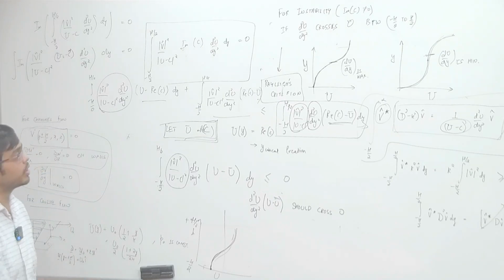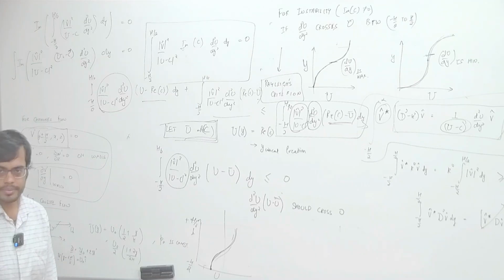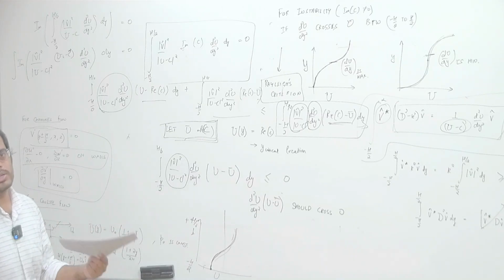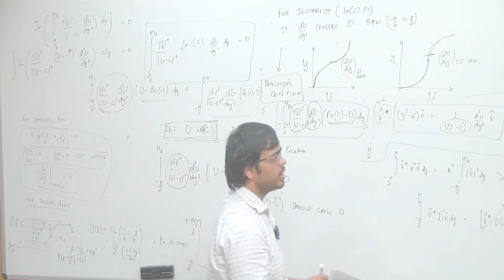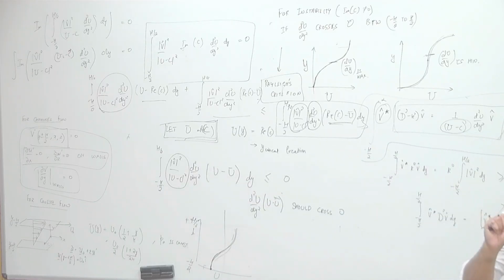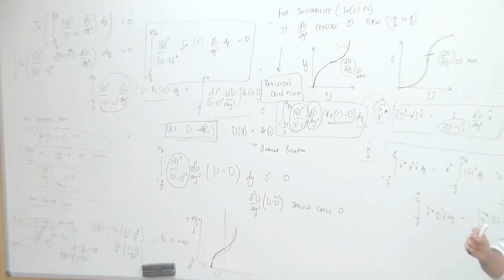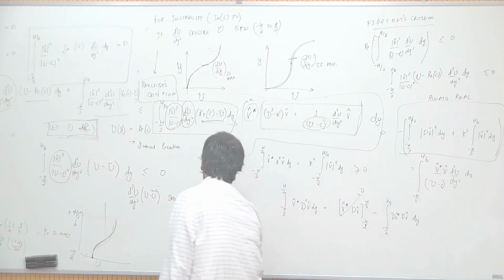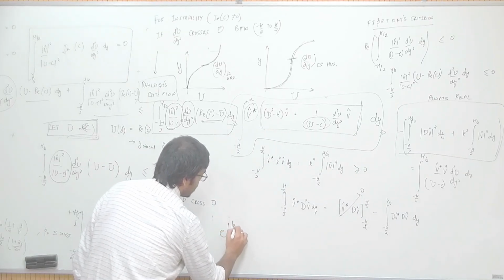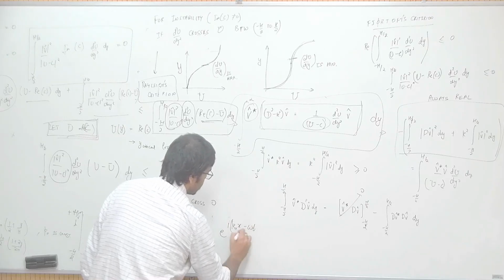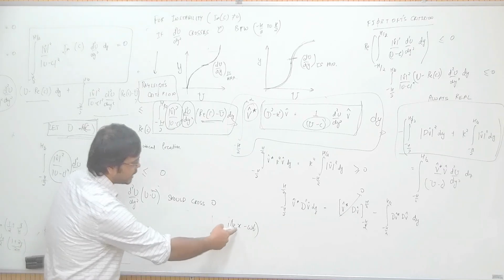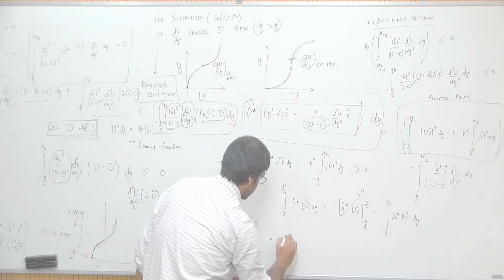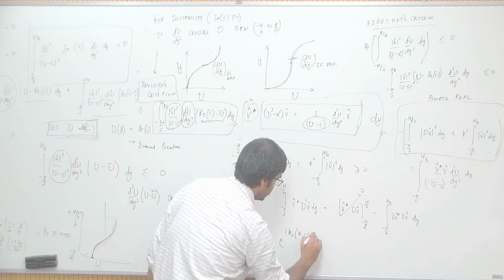Now coming to the question: is this sufficient? The answer is no, because sufficiency for instability means that you have to have the imaginary part of C not equal to 0. If you think about it, you had e to the power i kx x minus omega t. You can take kx common and write this as e to the power i kx x minus ct.